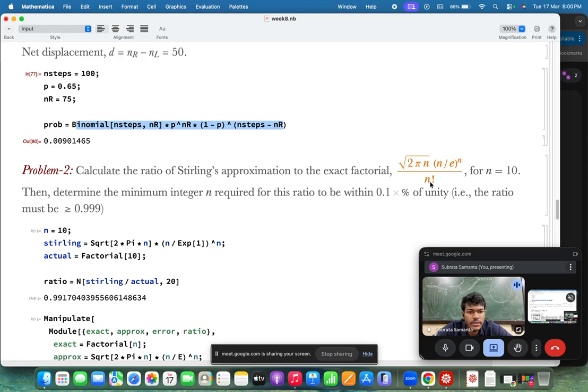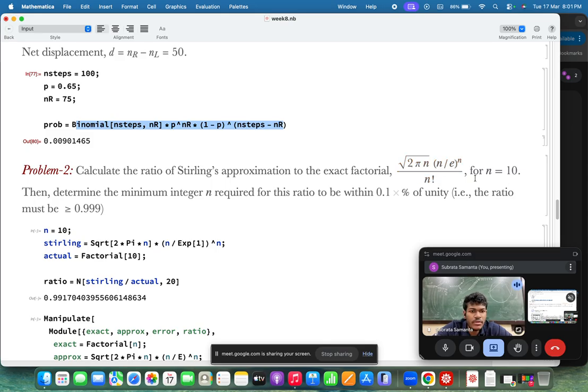It is n factorial equals the square root of 2 pi n times n over e to the power n. Here ln is log e, the subscript of log is e. And I calculate the ratio. We know that this Stirling approximation is valid for large n, and we will see that by calculating the ratio.